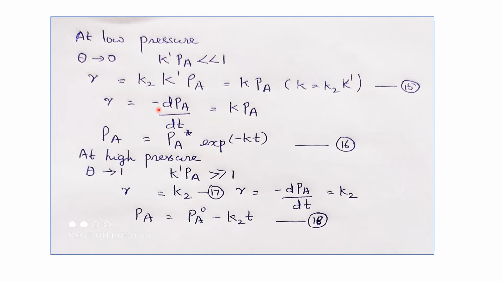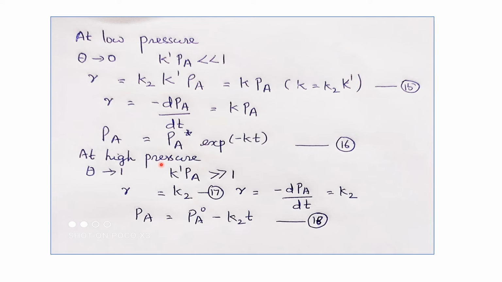Thus R equal to minus dPA by dt, that is equal to K into PA, or PA is equal to PA star exponential minus KT. This means that the partial pressure of the gas decreases exponentially with time.